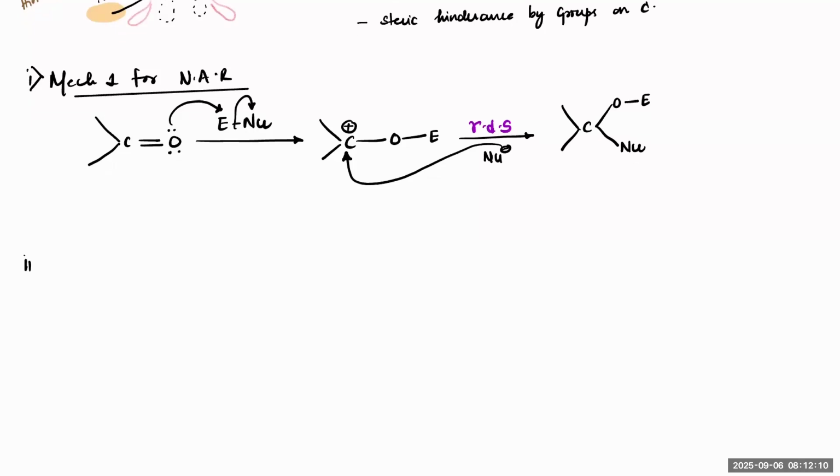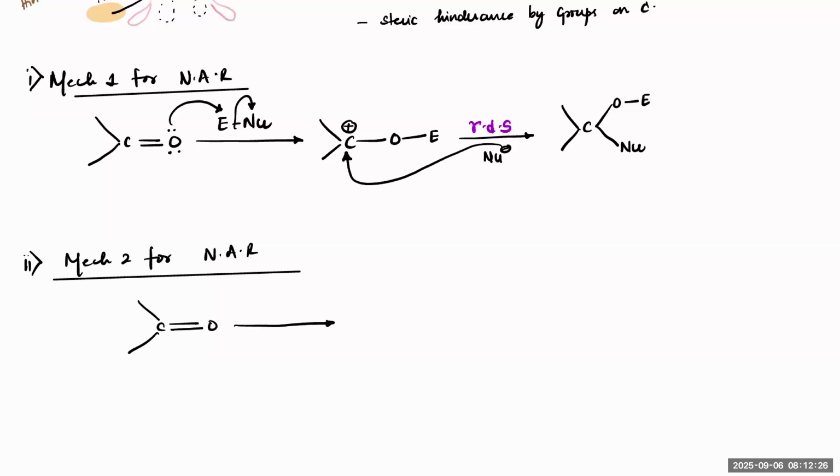The second type of mechanism for nucleophilic addition reaction will be C double bond O with the nucleophile directly attacking first. So in this case, the electrophile is not present first.